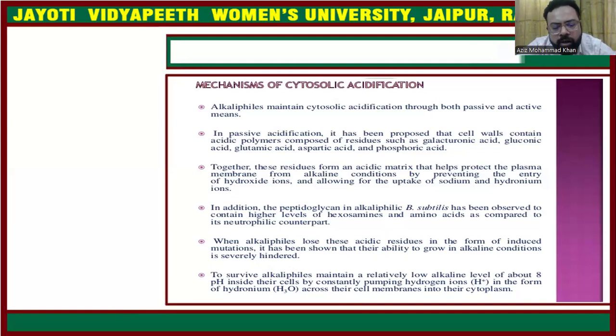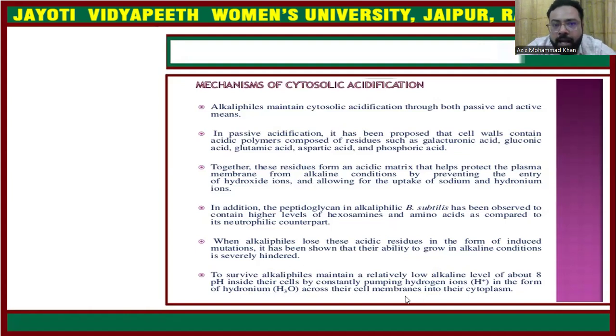So to survive, alkalophiles maintain a relatively low alkaline level of about pH 8. So they maintain pH 8 inside the cell by constantly pumping the hydrogen ion, in the form of hydronium, across the cell membrane into the cytoplasm.